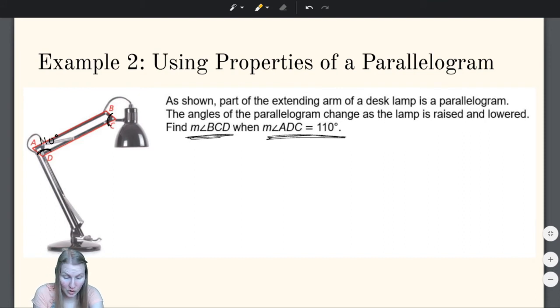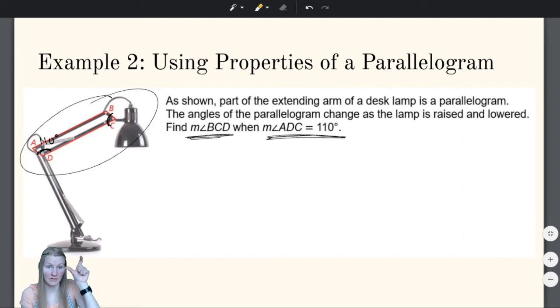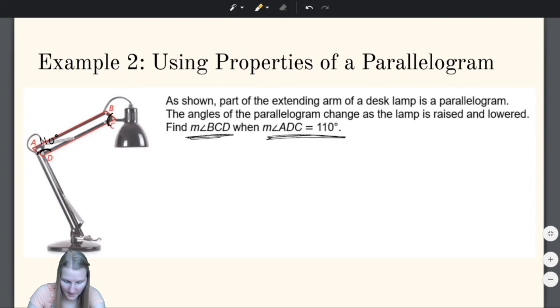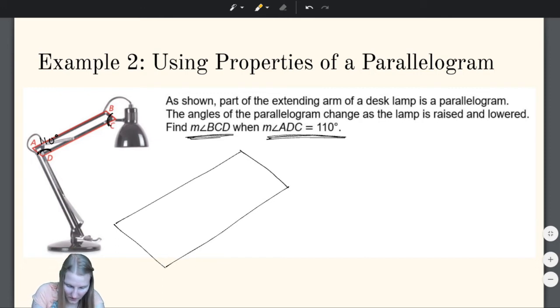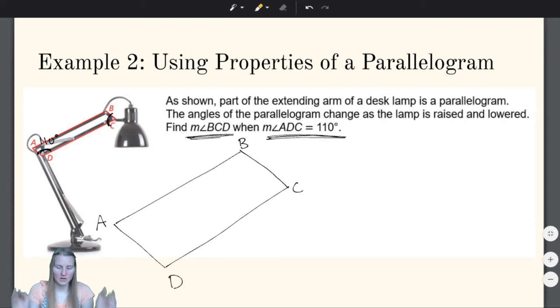I don't know about you, but this shape is too teeny for me to work with, so I'm going to redraw that. I'm going to draw it a little bit bigger. Okay, and I have A, B, C, and D. This is not perfectly to scale, right?